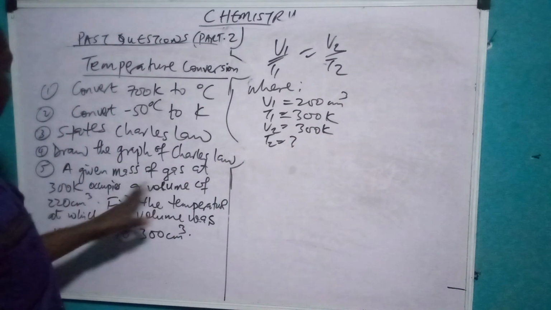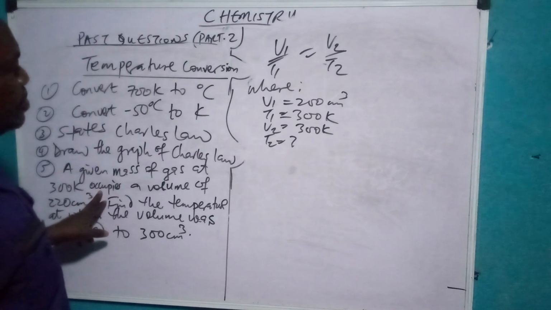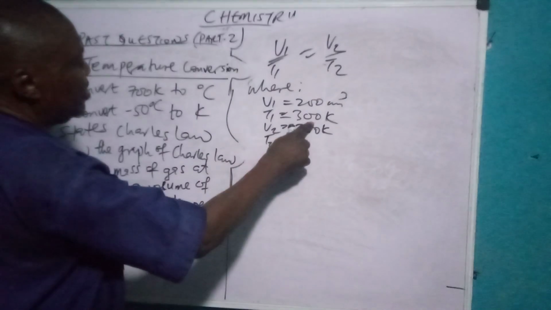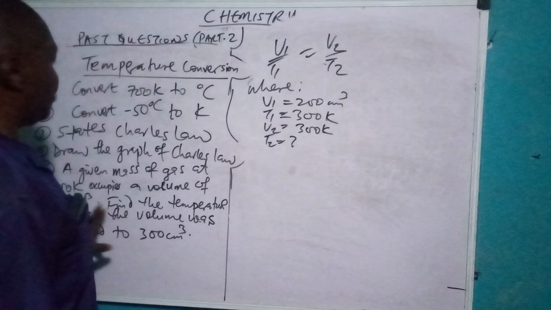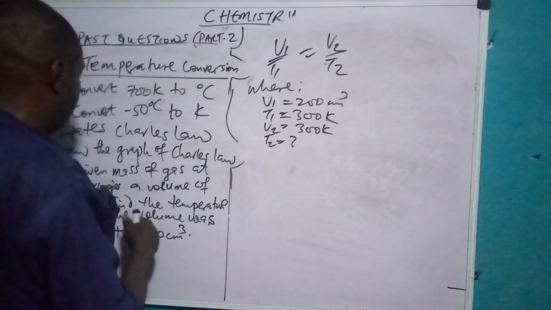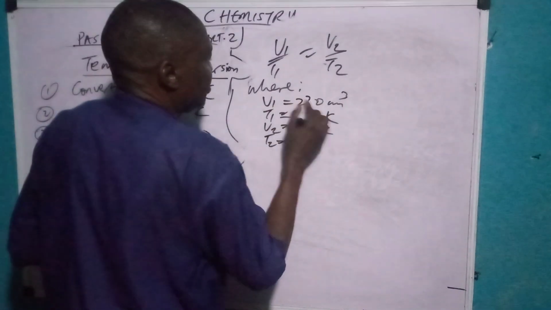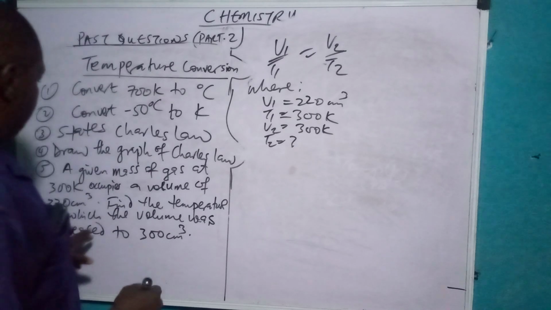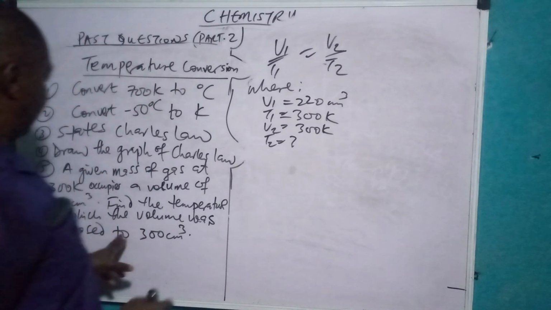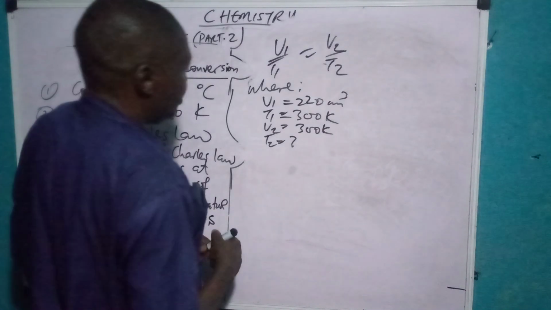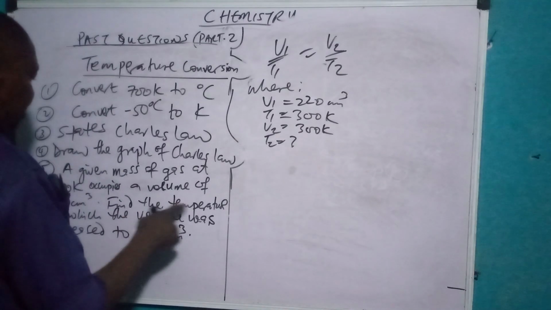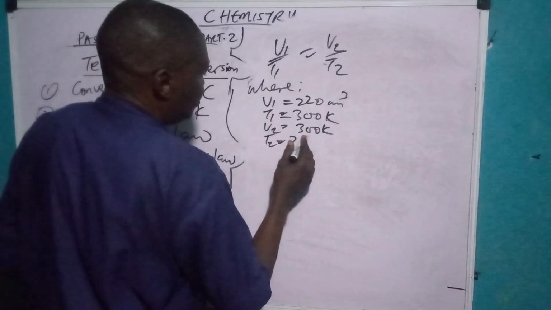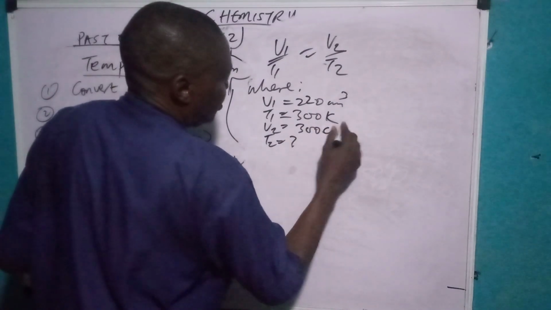A given mass of gas at 300 Kelvin occupies a volume of 220. Find the temperature at which the volume is increased to 300 cm cube. Sorry for that.